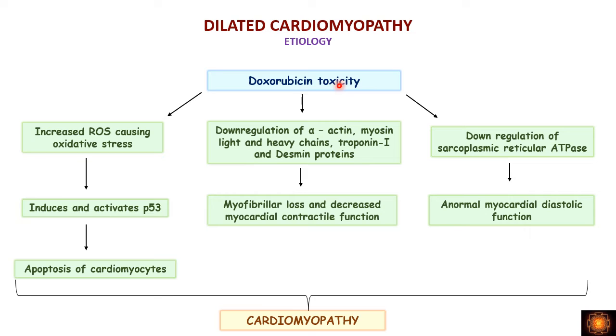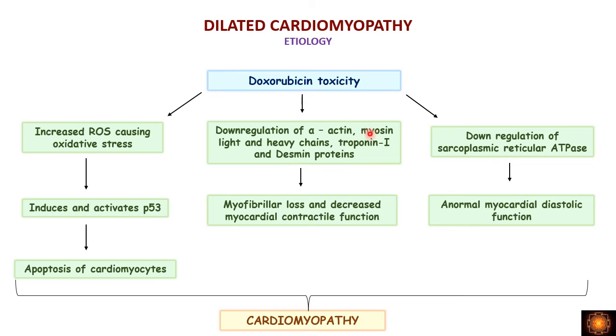Now another one is doxorubicin toxicity. In doxorubicin toxicity, there will be increased reactive oxygen species production, which causes oxidative stress. This oxidative stress induces and activates P53, which causes apoptosis. Not only that, doxorubicin also causes downregulation of actin, myosin light chain and heavy chains, troponin I and desmin proteins.